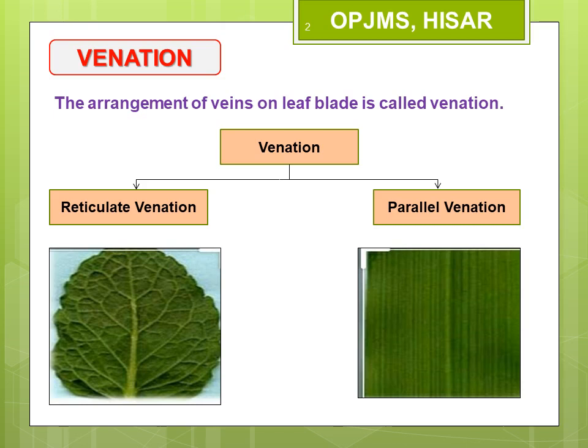You will get an impression of some lines. Now notice this impression and you will observe that it is of the veins. Observe this pattern carefully. You will observe that it is either a network-like pattern or the parallel venation pattern.